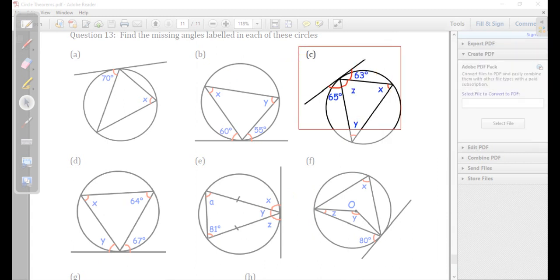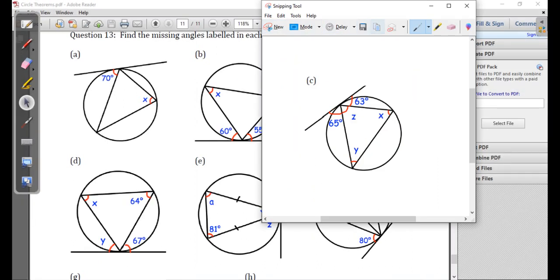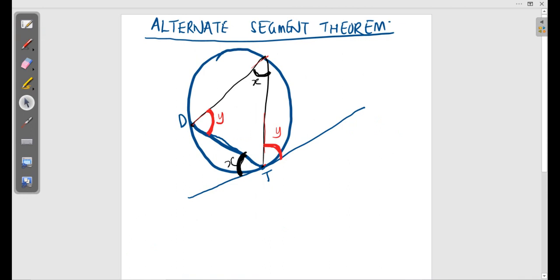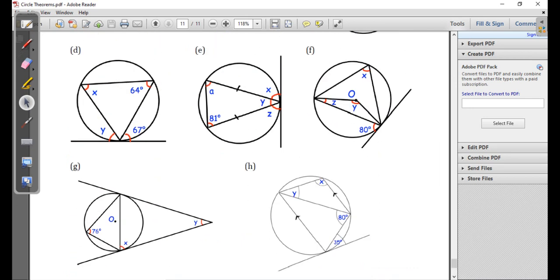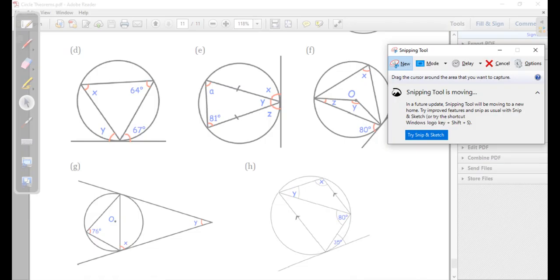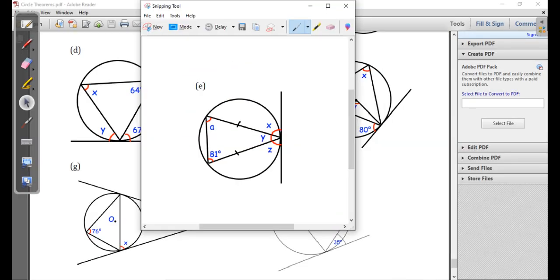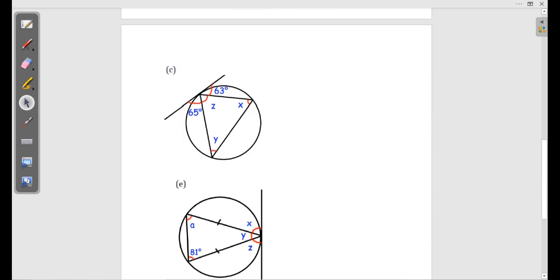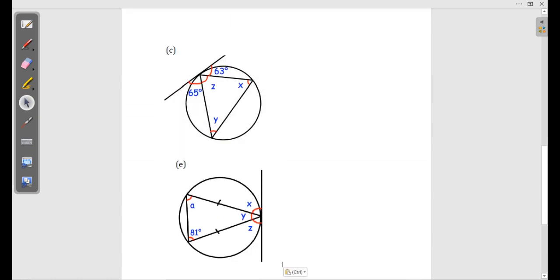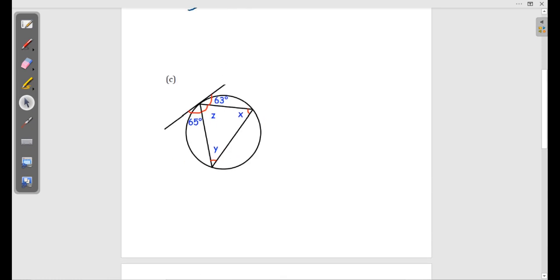Let me do the C, and let me take E as well. Okay, so let's see how we can do something like this.